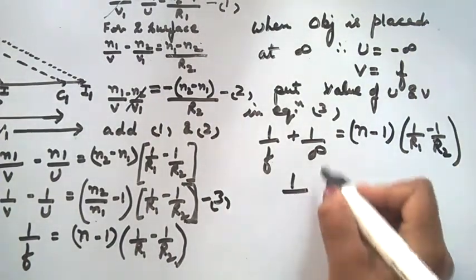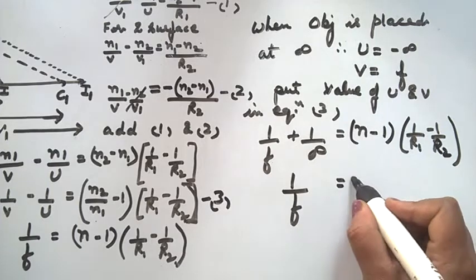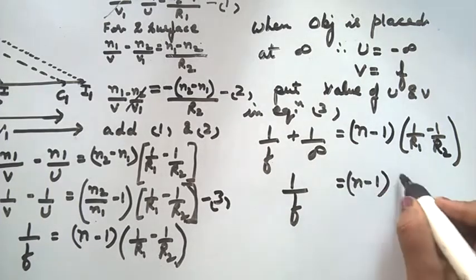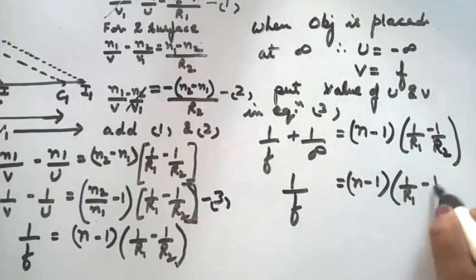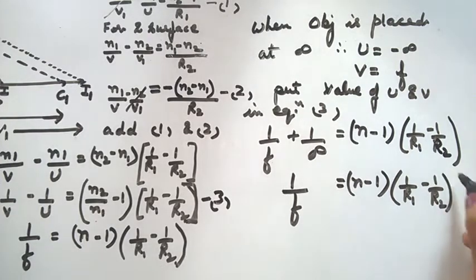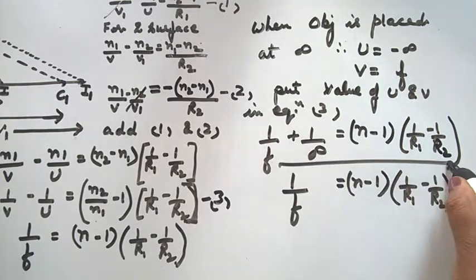One upon infinity is 0, so 1 upon f is equal to n minus 1 into 1 upon r1 minus 1 upon r2. This is the lens maker's formula for a convex lens.